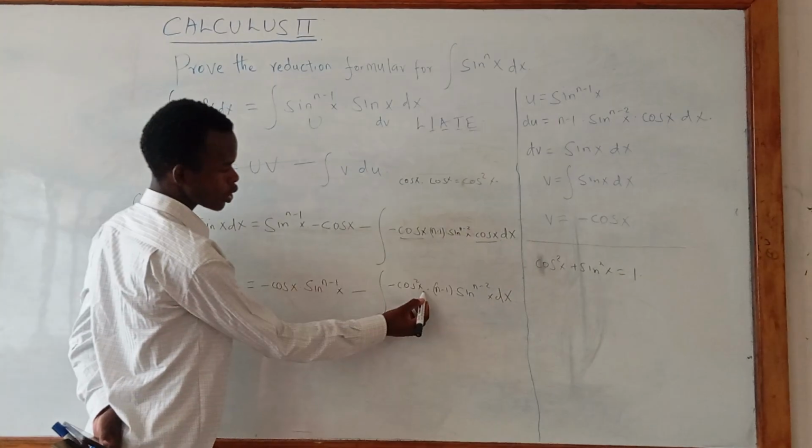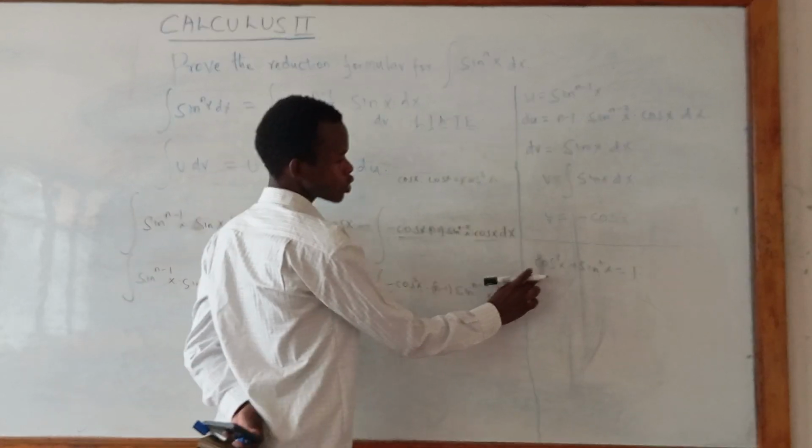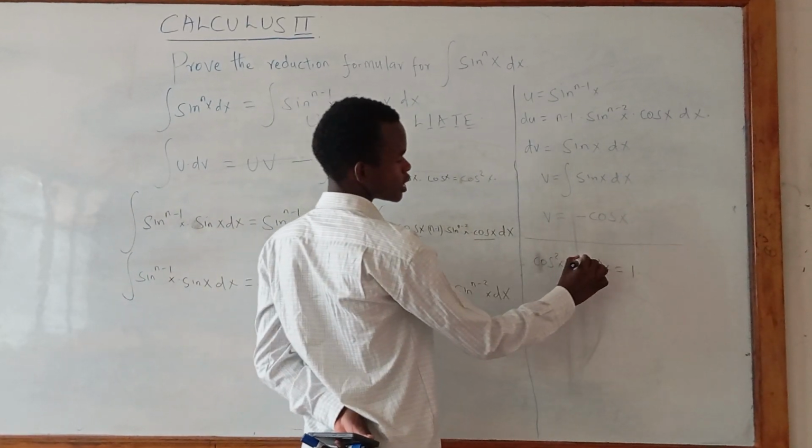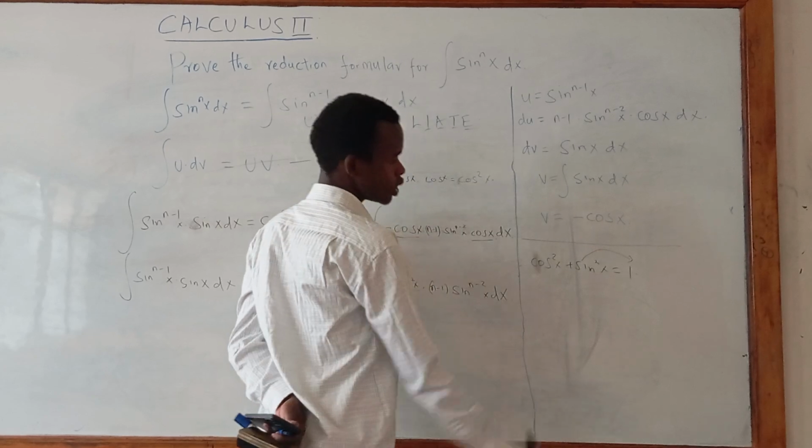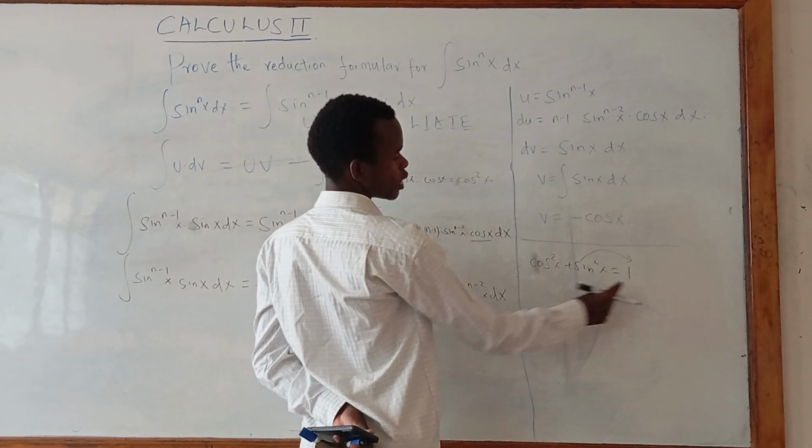So what's cos squared of x? Taking sine squared to the right side, cos squared of x is the same as 1 minus sine squared of x.